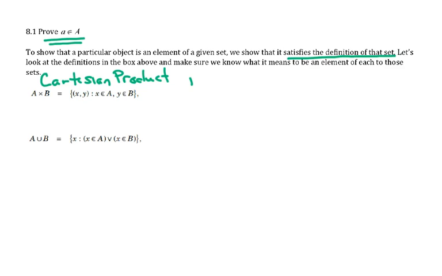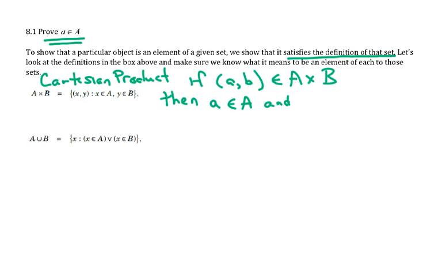If (a, b) is an element of A cross B, then what? Well, then a is an element of the set A, and b is an element of the set B. That's what it means. And here is the same definition using x and y.